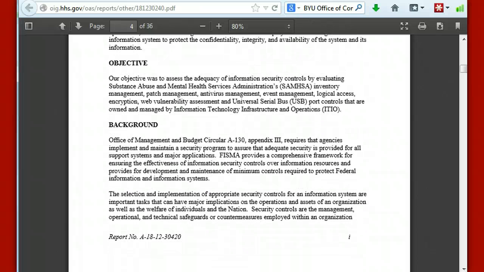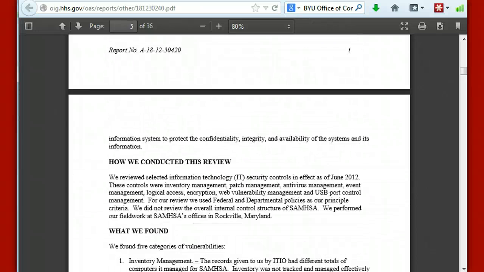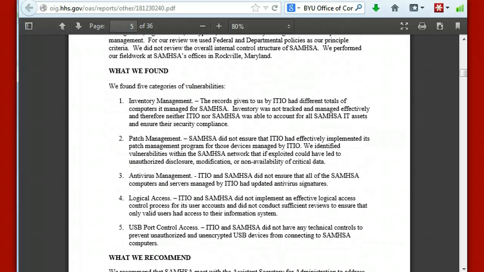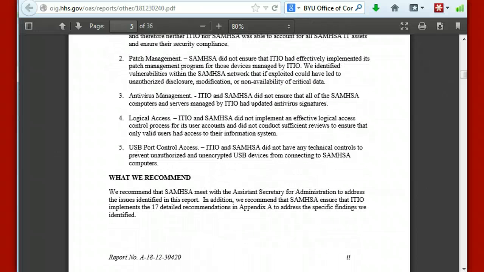Every summary looks about the same, and usually we'll just scroll down into the meat of the audit. You can tell that they were looking at inventory management, antivirus, really information security pieces in this audit.